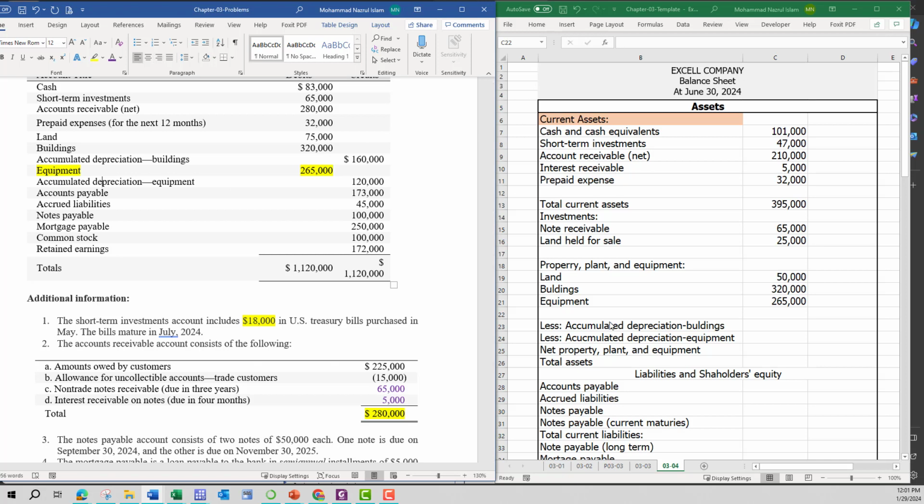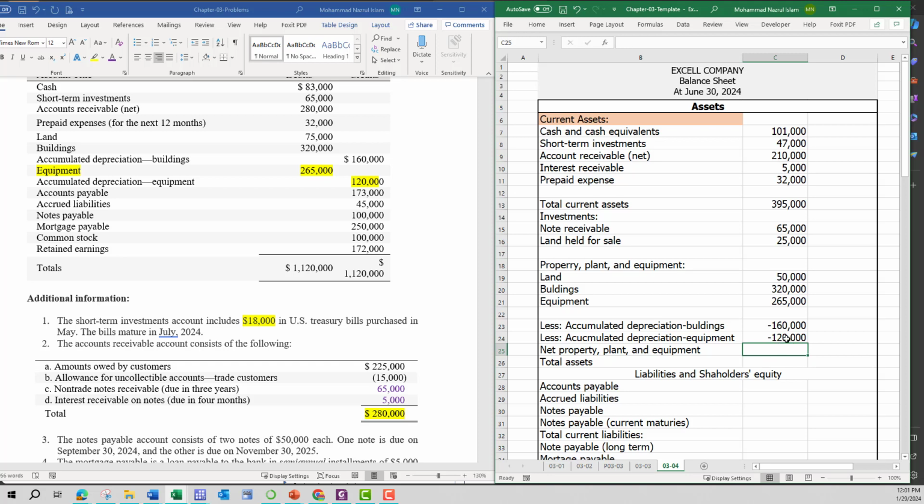Now what we are going to do is the accumulated depreciation. Accumulated depreciation for buildings is 160,000, and accumulated depreciation for equipment is given as 120,000, right?